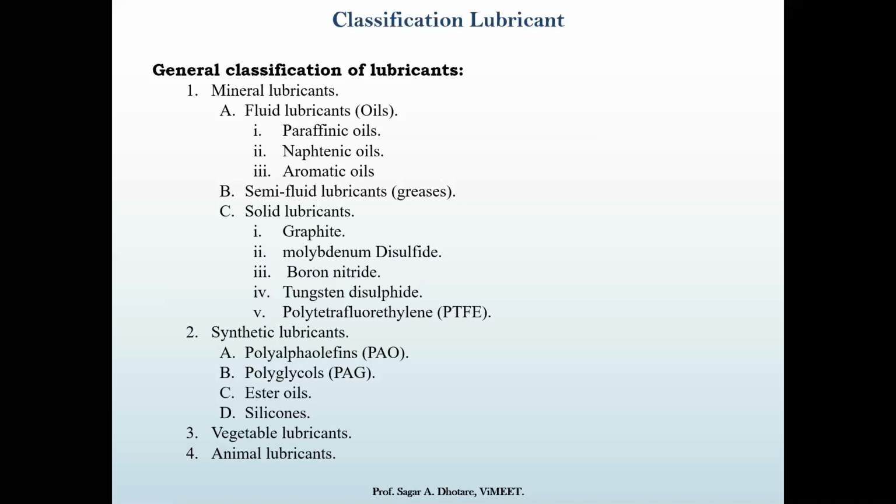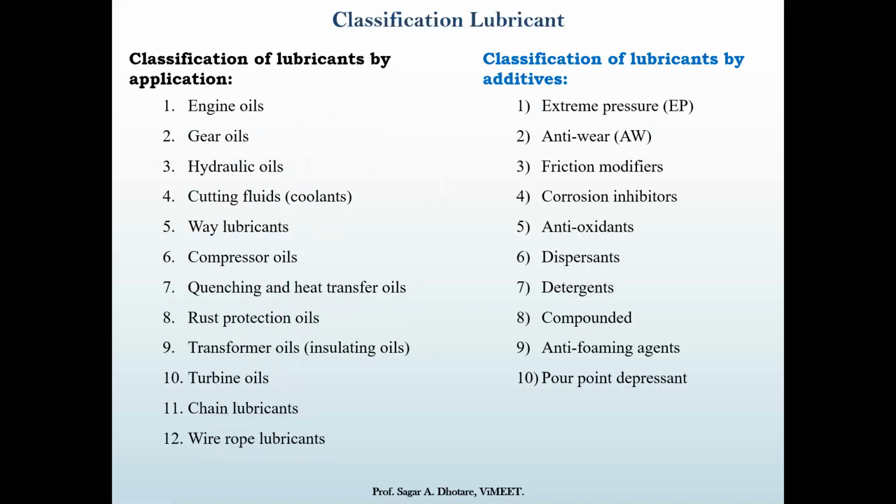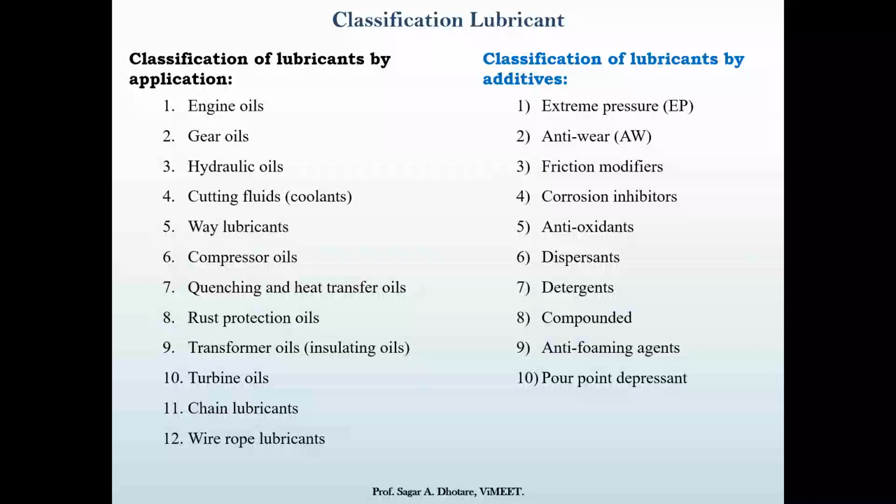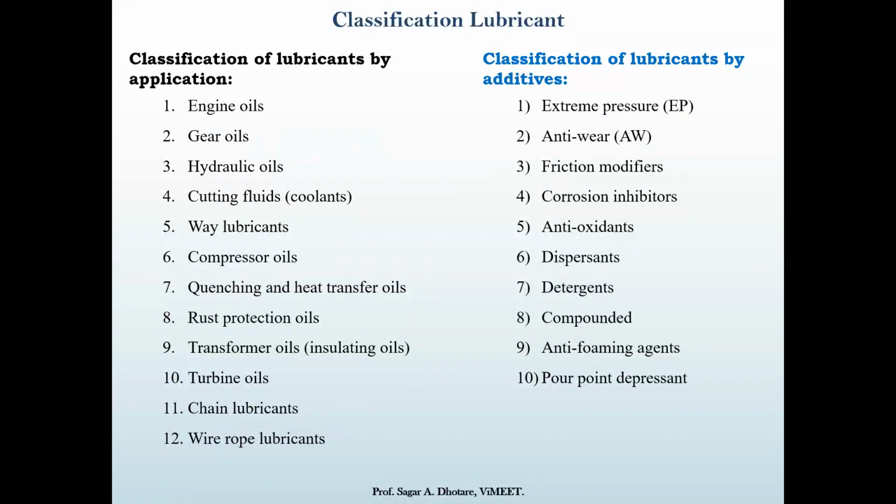So out of that, based on the application, you need to select a proper lubricant. Again, based on the application, the lubricants are engine oil, gear oil, hydraulic oil, cutting fluid, wheel lubricants, compressive oils, quenching and heat transfer oil, rust protection oil, transfer oil, turbine oil, chain lubrication, wire rope lubrication.